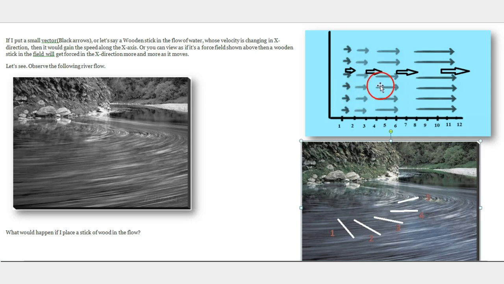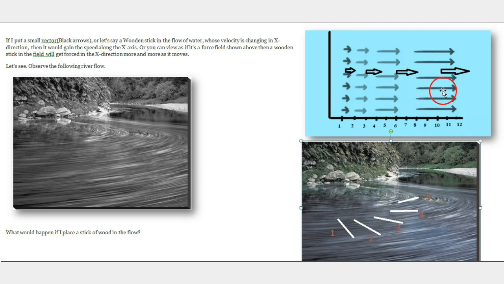A river is flowing, let us say, and it is flowing in such a way that at this point on the x-axis velocity is small, then velocity increases, then still further increases.